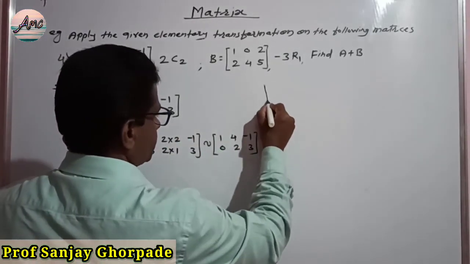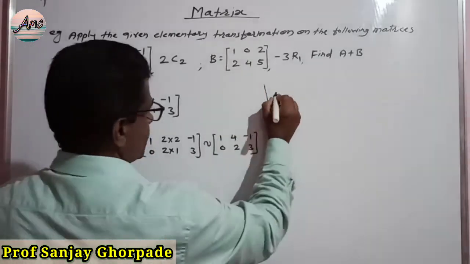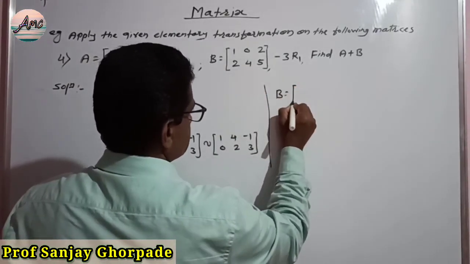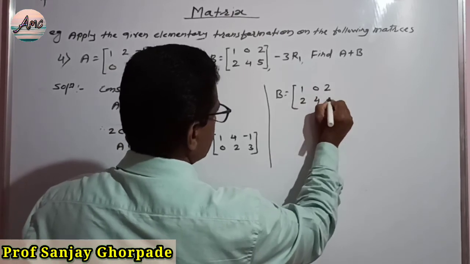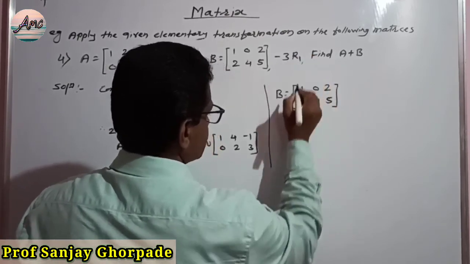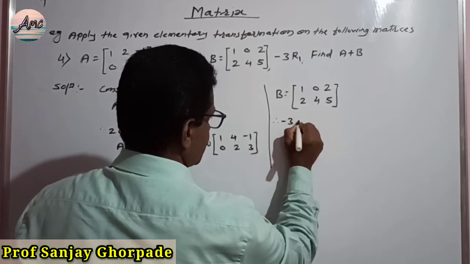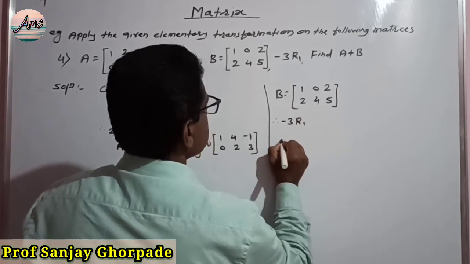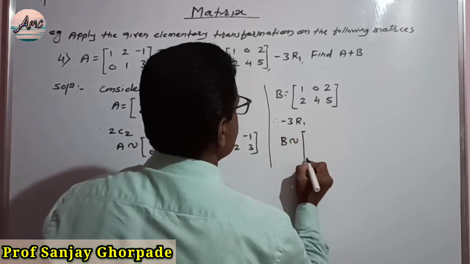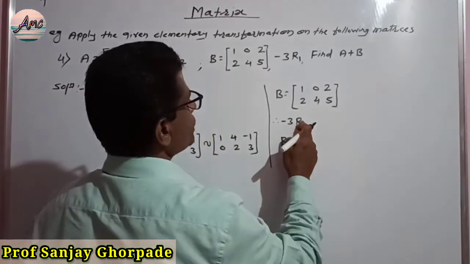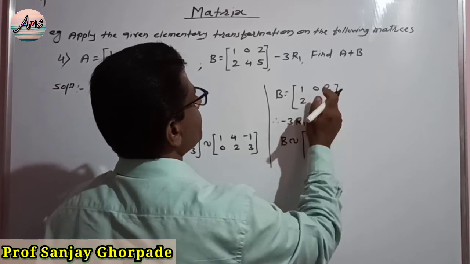Then take the matrix B as 1, 0, 2, 2, 4, 5. Now we consider the row operation minus 3 into R1. So matrix B is equivalent to new matrix B. The elements of first row are obtained by multiplying minus 3 to each element of the first row.